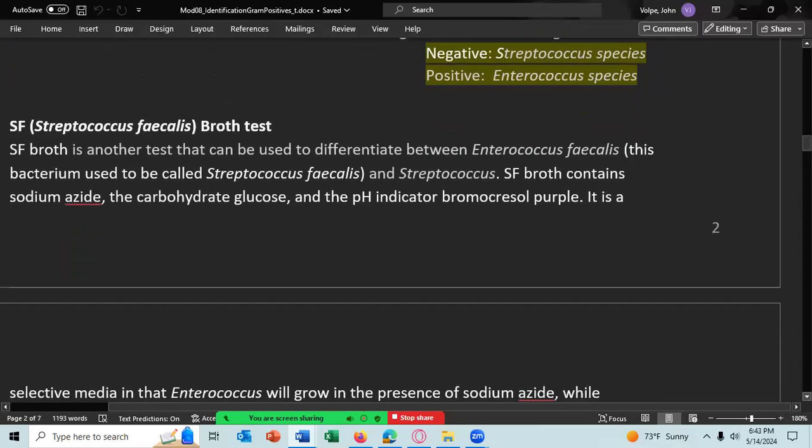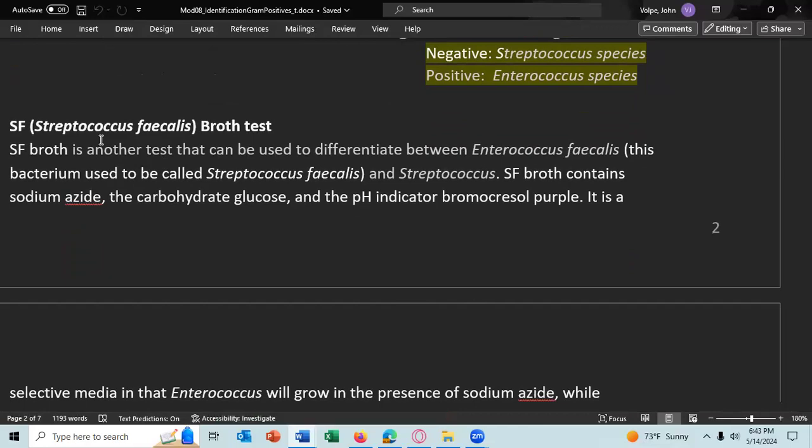All right. The SF broth test is called SF broth test after Streptococcus faecalis. In the old days, like before 1980, Streptococcus faecalis was the name of the species.